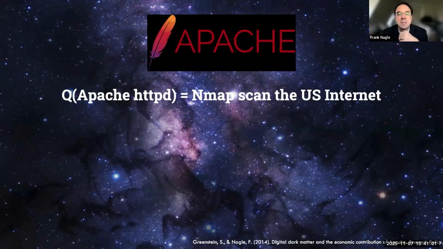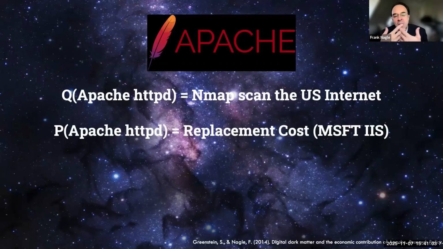Then, to solve the price problem, we use something that Bill Nordhaus, who won the Nobel Prize in economics for other things, has suggested for a long time. If we're trying to measure stuff that doesn't have a price, or the price doesn't fully reflect the value, we use what's called a replacement cost.